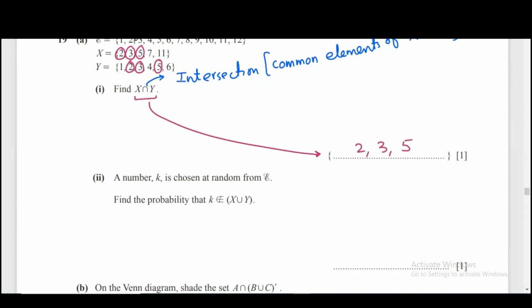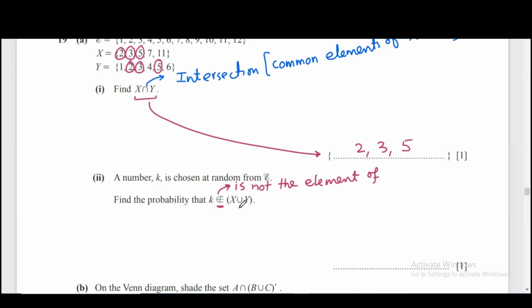We have to find the probability that k is not an element of X union Y. This symbol denotes not an element of, so note it down please. So k is a number which is not an element of X union Y.